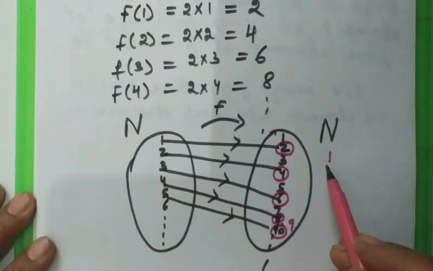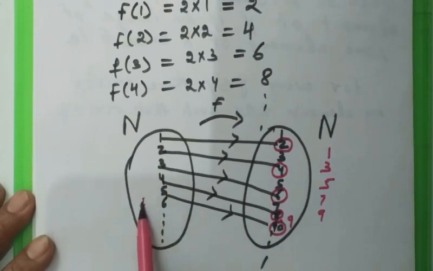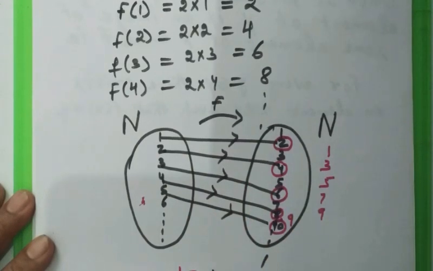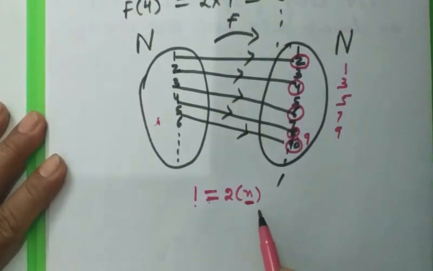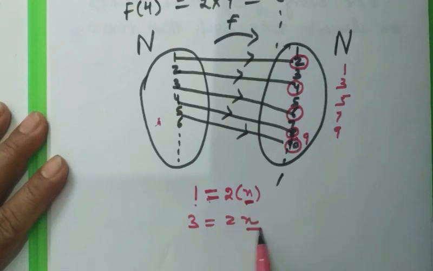Is there any number here in this domain set which can be mapped to 1? Is 1 double of any natural number? If I write 1 is equal to 2x, can x be a natural number? Not at all. If I write 3 is equal to 2x, can x be a natural number? Not at all.